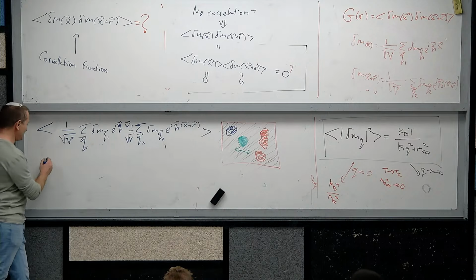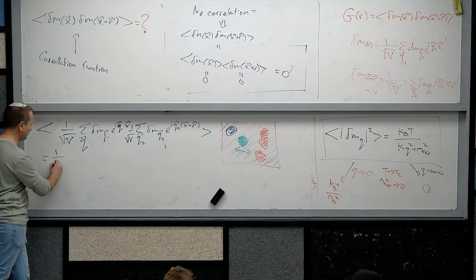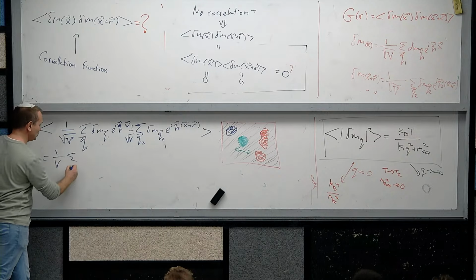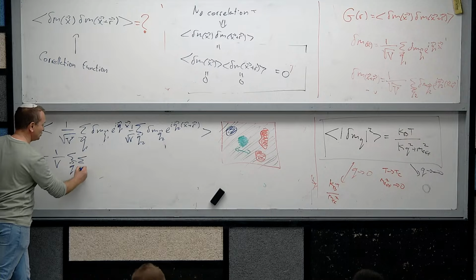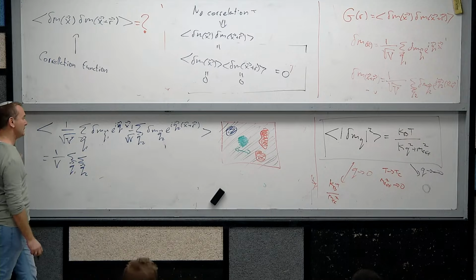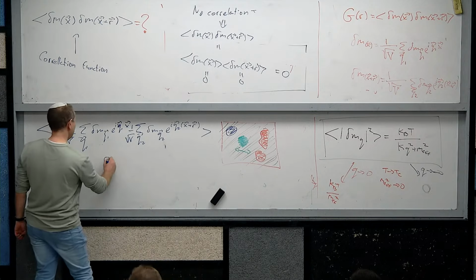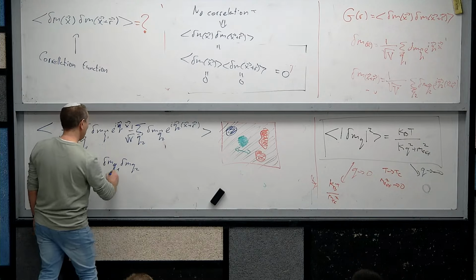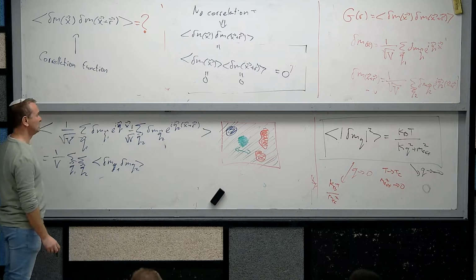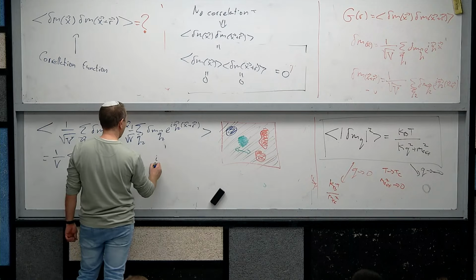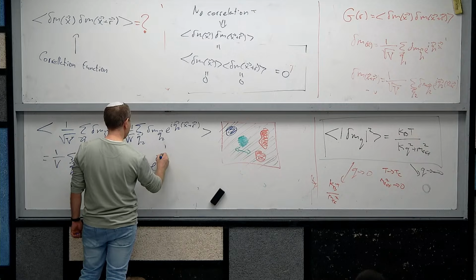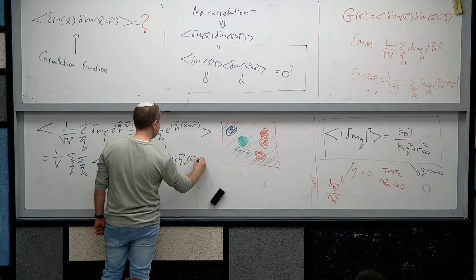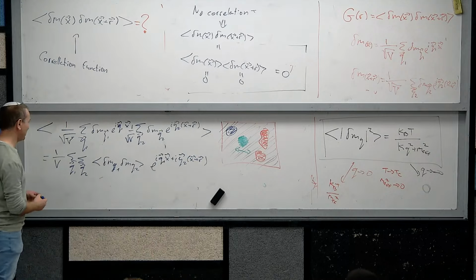So we have 1 over V, a summation over q1, a summation over q2, delta m q1, delta m q2, with an average, and e to the power i q1 x plus i q2 (x plus r). This is what we have.